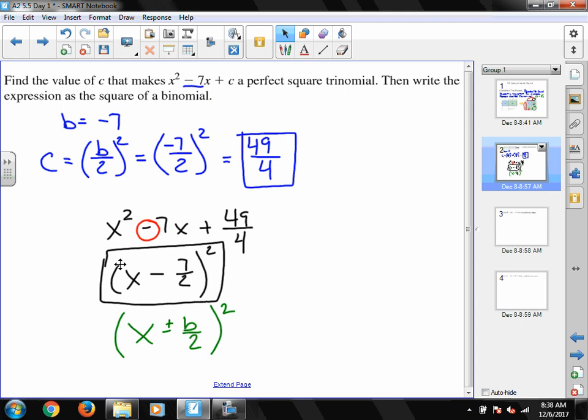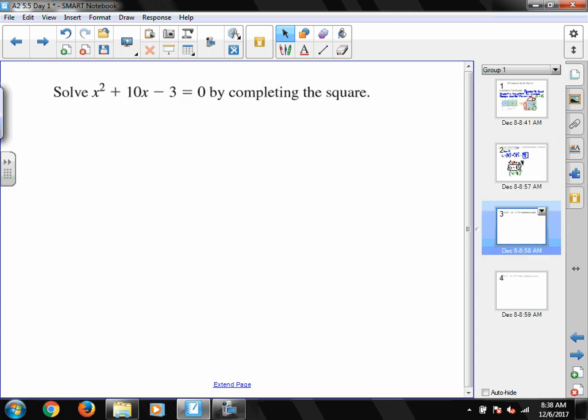So if we're going to solve by completing the square, this is going to be a little different. So far with our square root methods, we want to get everything so that the right side of this equation is 0. So now we're going to go the other way.